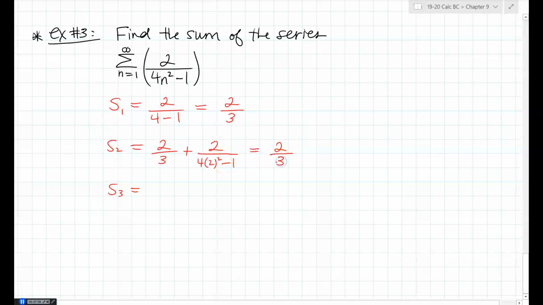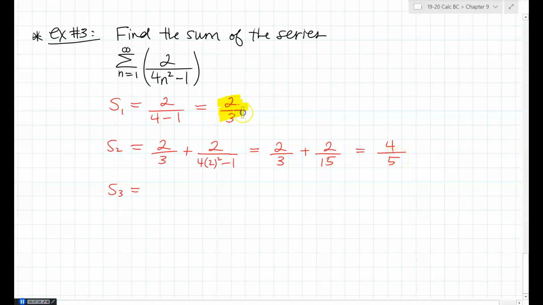So 2/3 plus, that's 2/15, right? So that comes out to 4/15? No, 4/5 if you reduce it, 4/5.